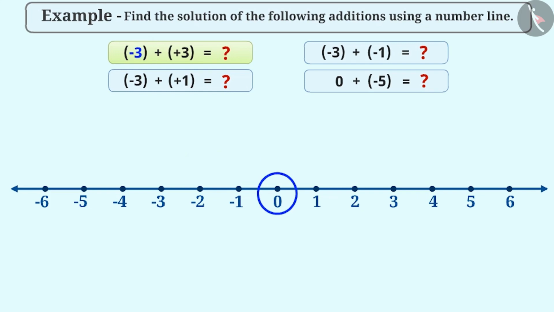On the number line, we first move 3 steps to the left of 0. The second number is plus 3, that is a positive integer. Here, the positive sign shows we need to move to the right, and the number shows the number of steps to be moved. Hence, we move 3 steps to the right and reach 0. This is the result of minus 3 plus plus 3.